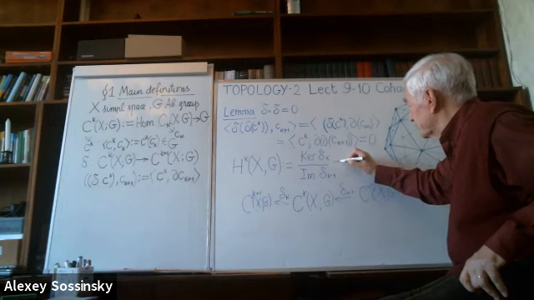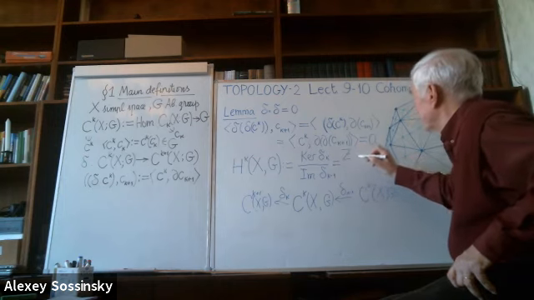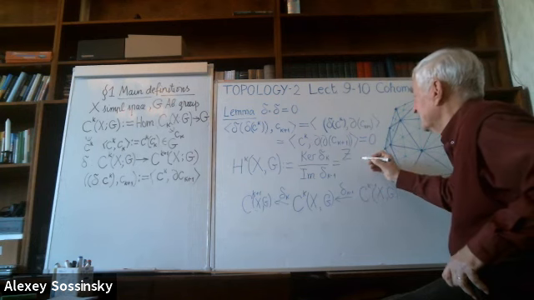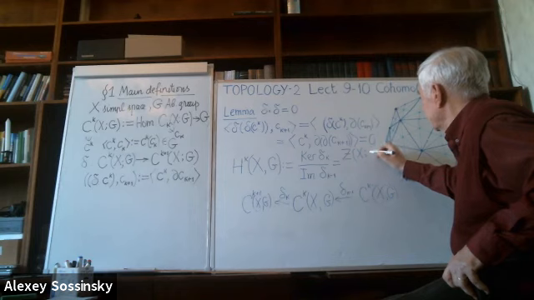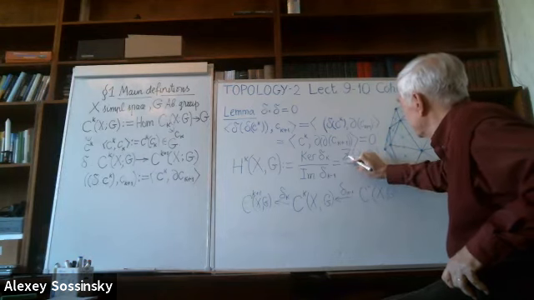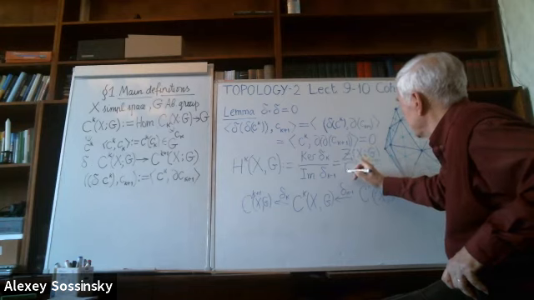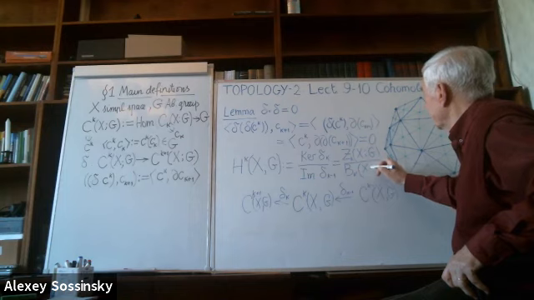Another notation for this is to write this as Z^K(X,G) by B^K(X,G).